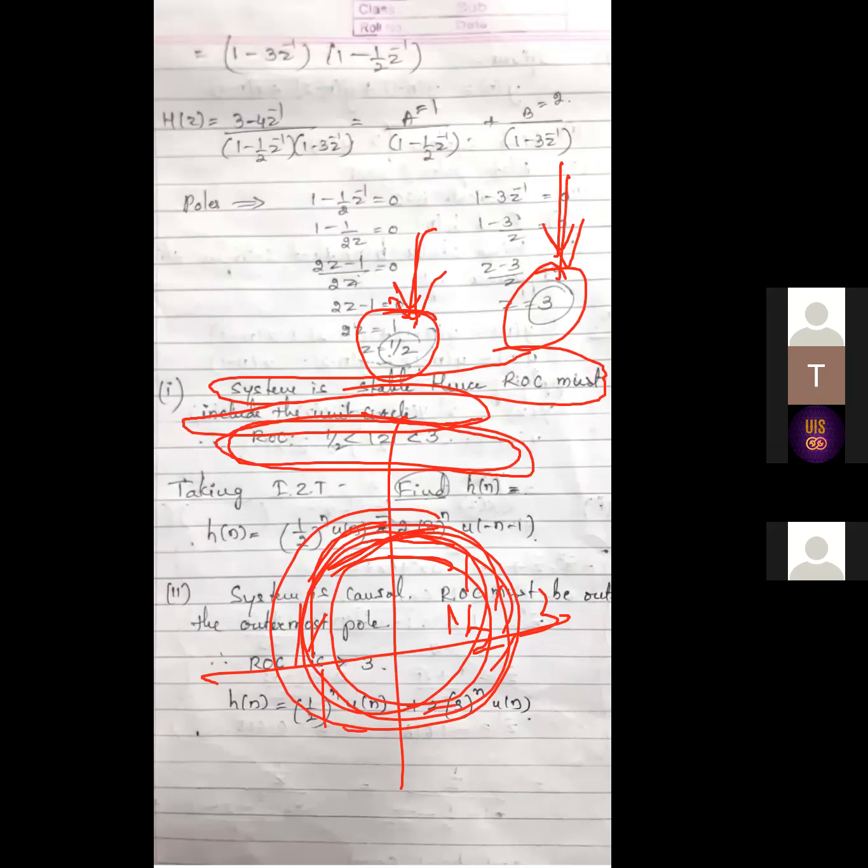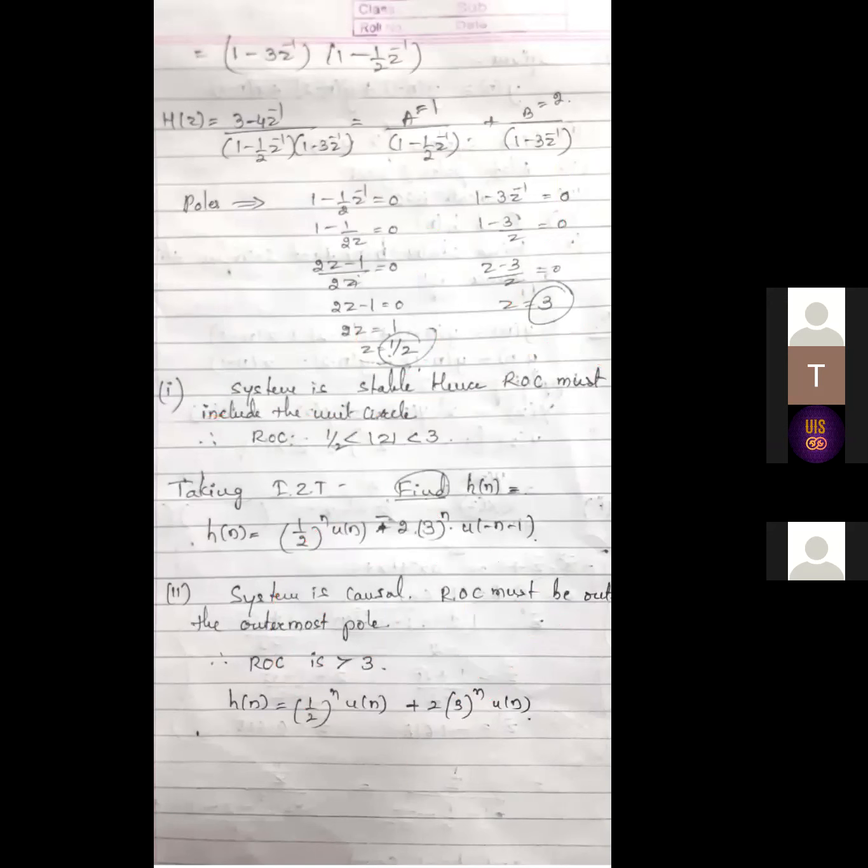Just see here: if I draw like this and mark this as half and this as 3, and I mark the ROC somewhere here, does it include the unit circle?